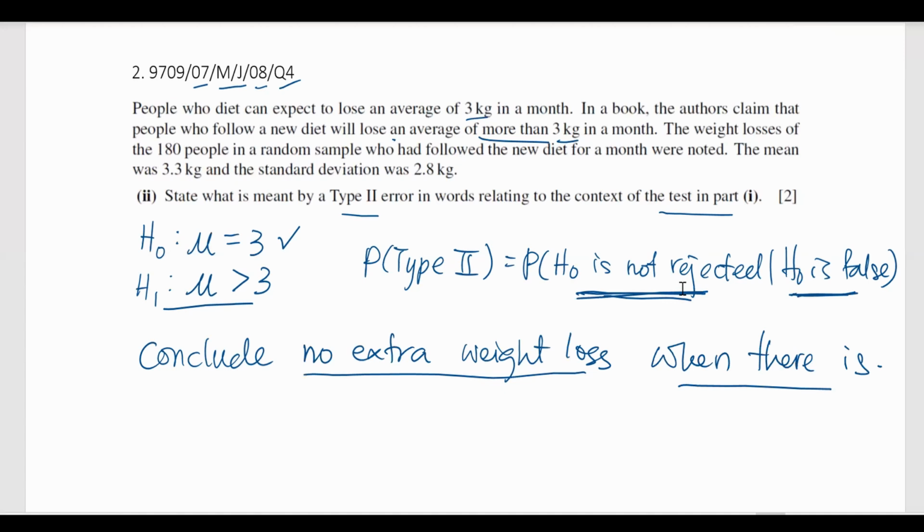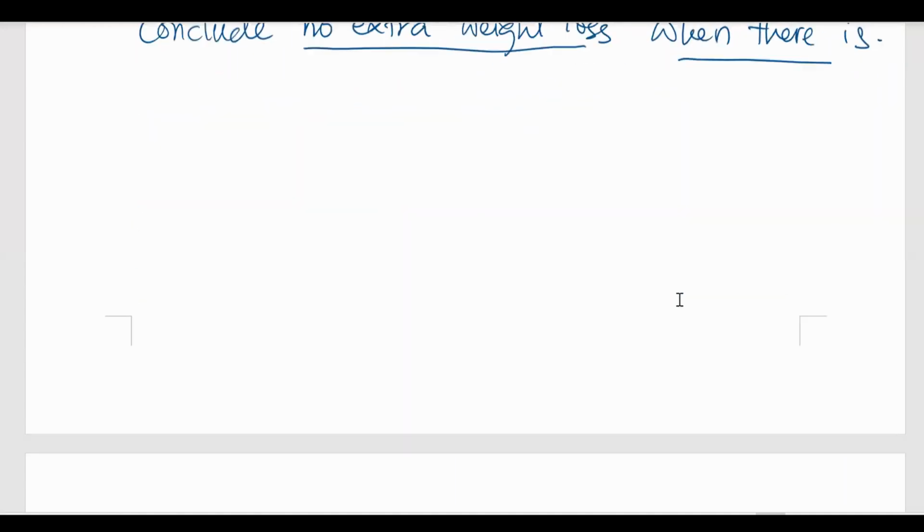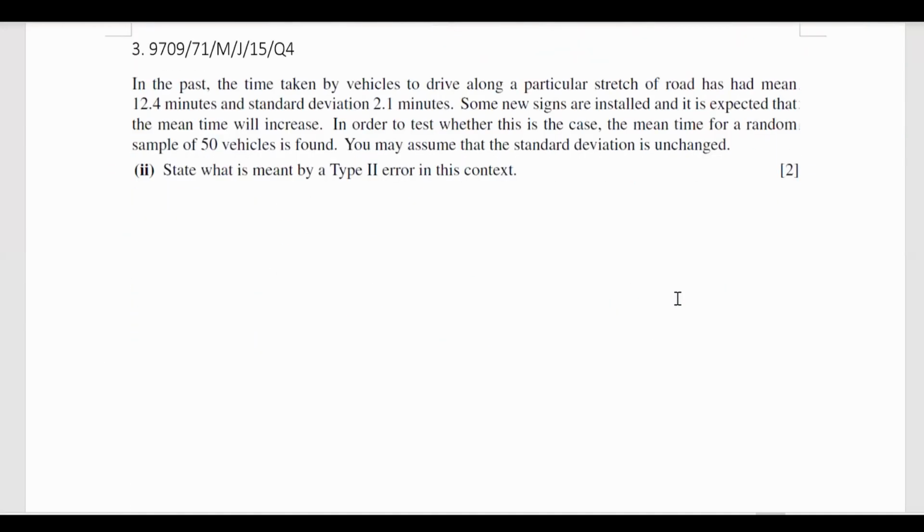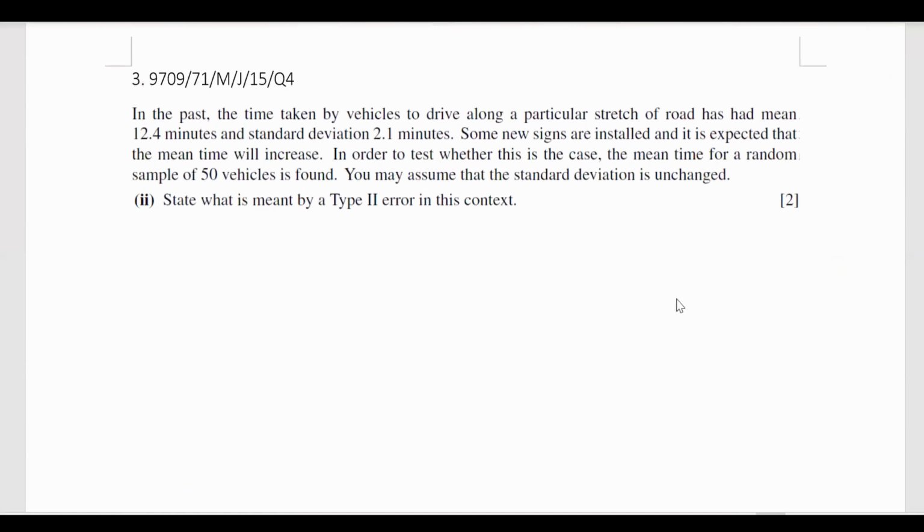Okay, now we have a look at the next question. This is the May/June 2015, variant 7.1, question 4. In the past, the time taken by vehicles to drive along a particular stretch of road has had mean 12.4 minutes and standard deviation 2.1 minutes.